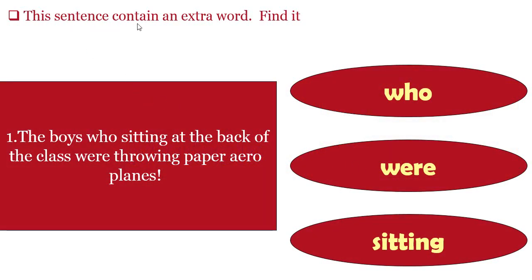Here, this sentence contains an extra word. You have to find an extra word in this sentence. The boys who sitting at the back of the class were throwing paper aeroplanes. So, which is the extra word?